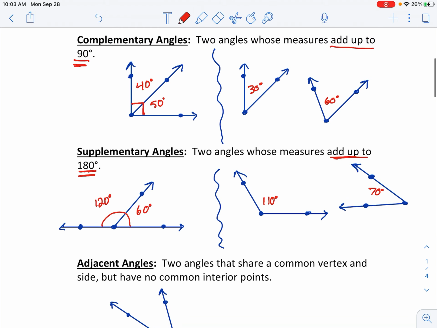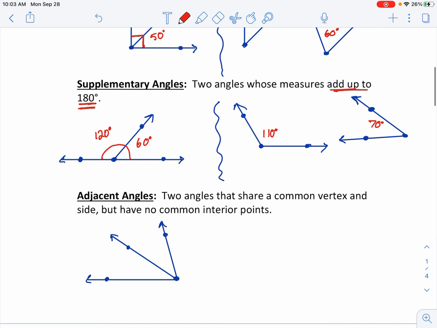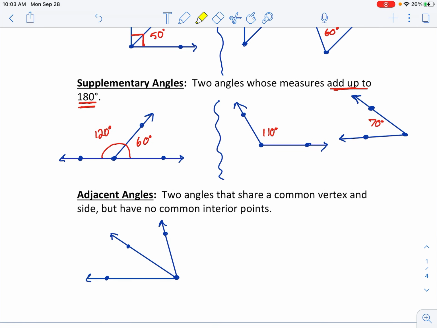So for this next one, I've kind of mentioned it already: complementary angles and supplementary angles could be connected, which I'm no longer going to say. I'm going to say they're adjacent. They're two angles that share. It's all about sharing. They share a common vertex and a side. So if I look at this picture here, the two smaller angles share a vertex and they share this side.